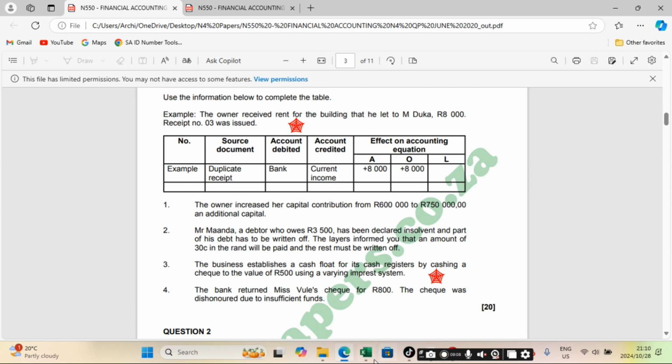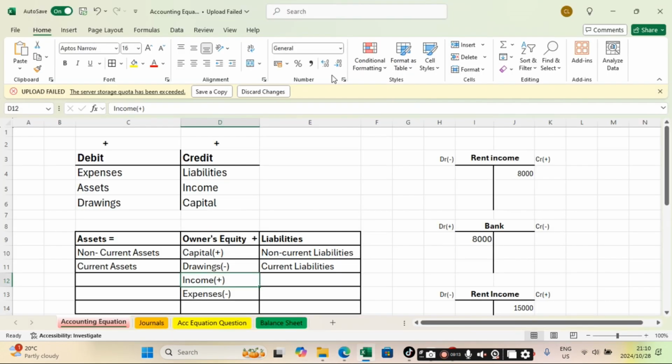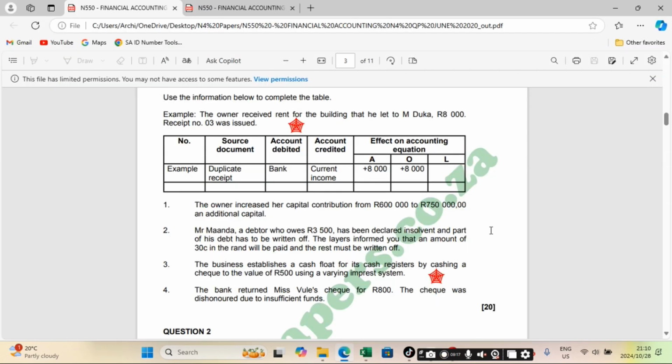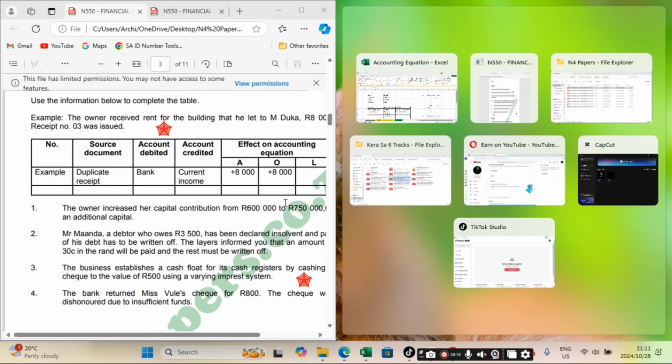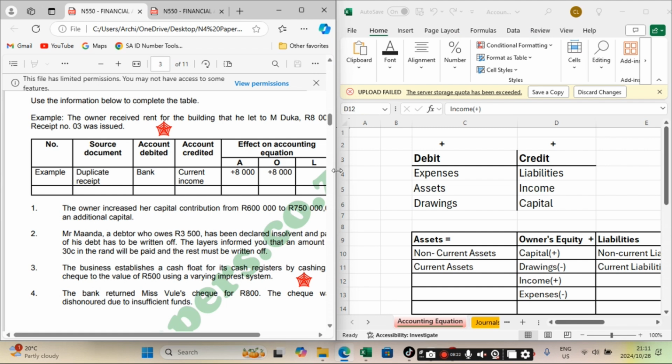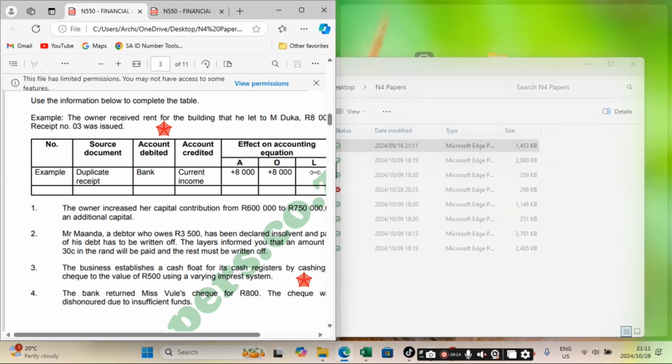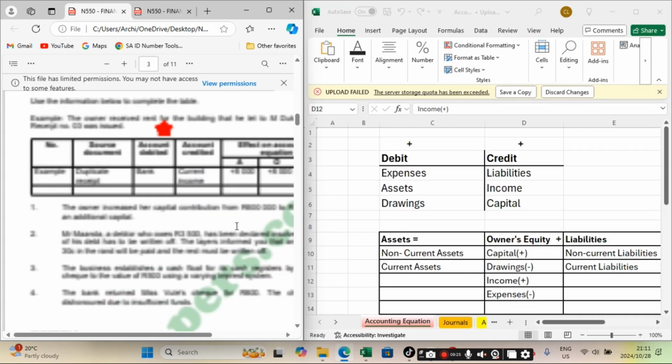So now we need to know. Let me just try to split screen this. Okay, that's not working out.